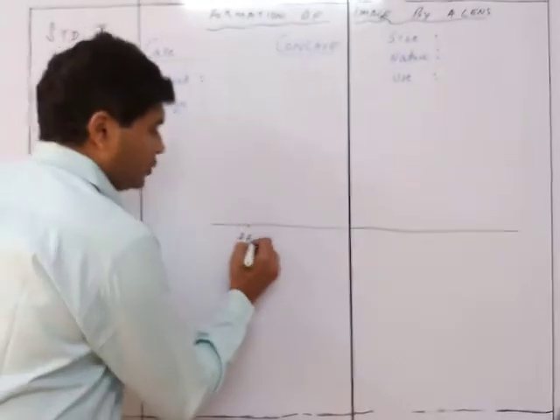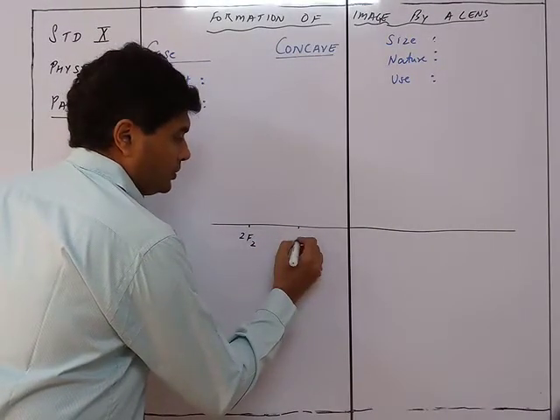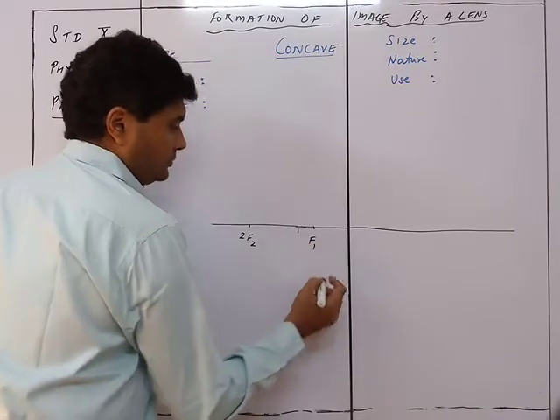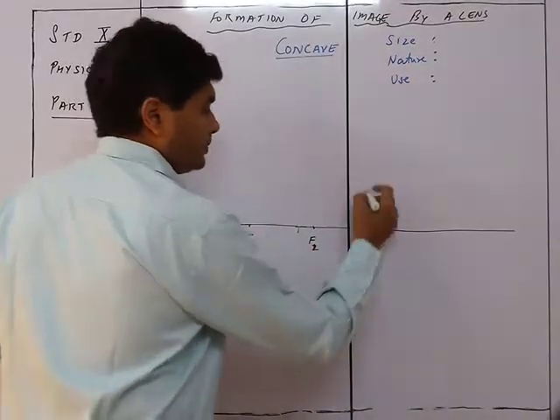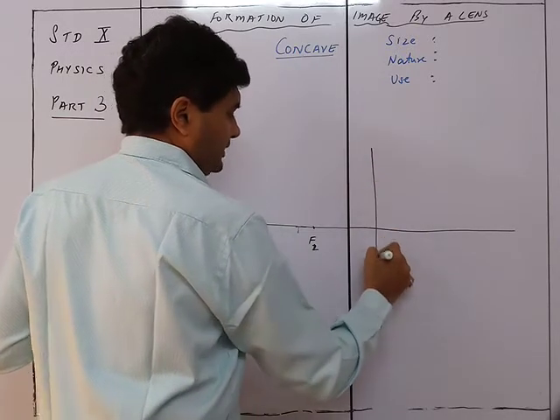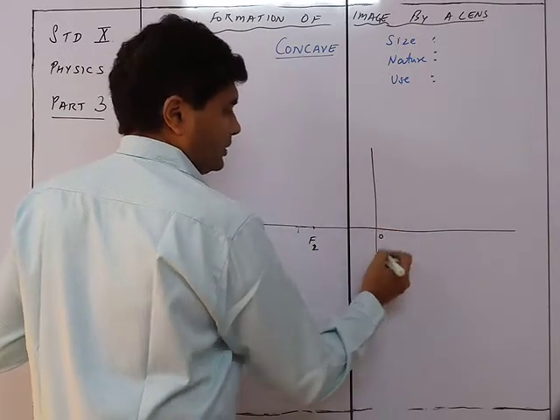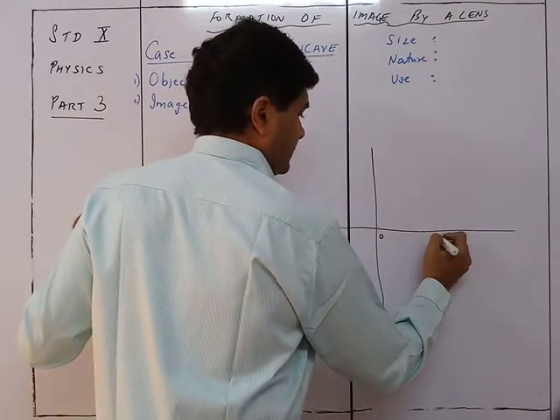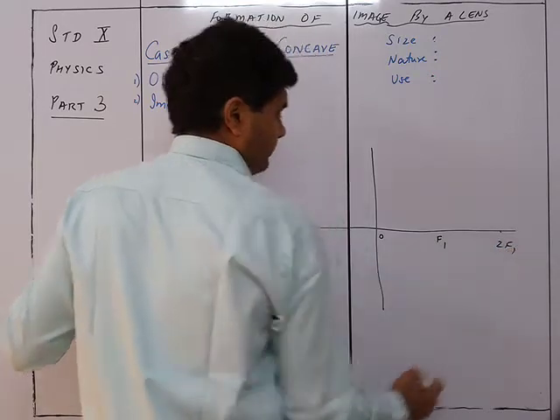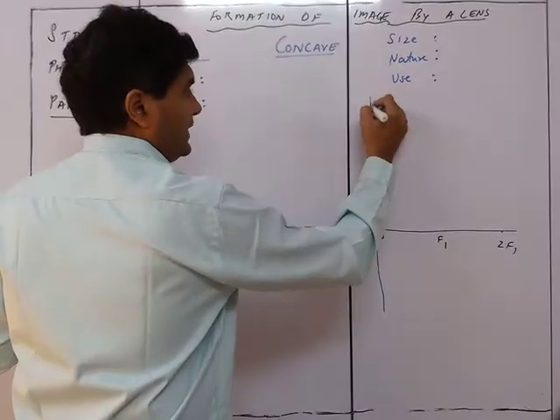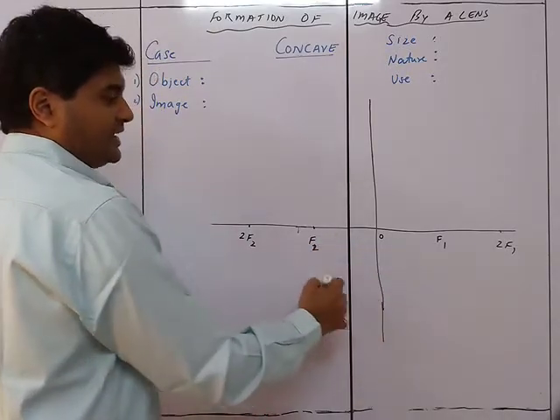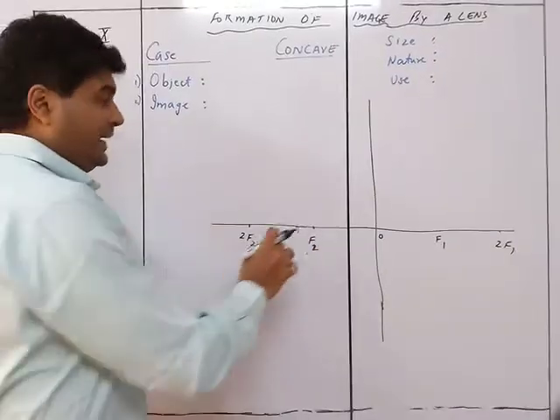So this is 2f2, f1, sorry, 2f2, f2. This is the object, sorry, O. This is f1. This is 2f1. The lens. For this again 3 centimeters, and lens के लिए take 5.8 and draw the lens.